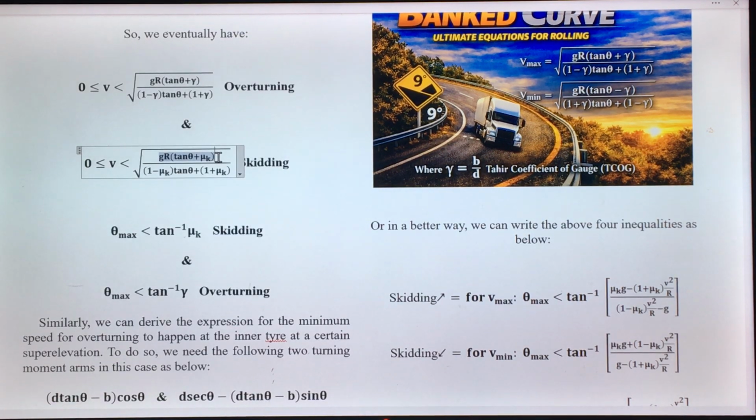Okay, similarly, we can derive the expression for the minimum speed for overturning to happen at the inner tire at a certain superelevation. To do so, we need the following two turning moment arms. In this case, the moment arms might be a little bit different.